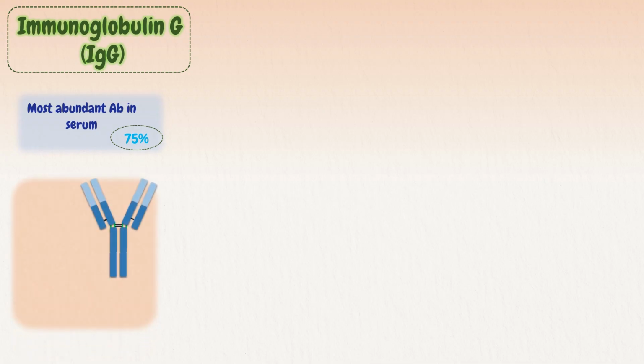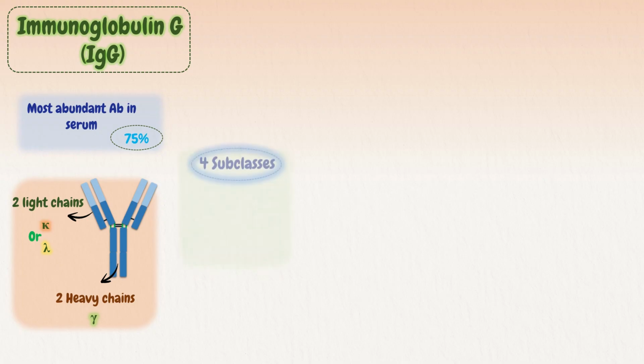Starting with immunoglobulin G. This is the most abundant antibody in serum, as it constitutes approximately 75% of total serum immunoglobulins. It is the simplest of all antibodies in terms of structure. It consists of 2 light chains and 2 heavy chains. The light chains can be kappa or lambda, and the heavy chain present in IgG is represented as gamma.